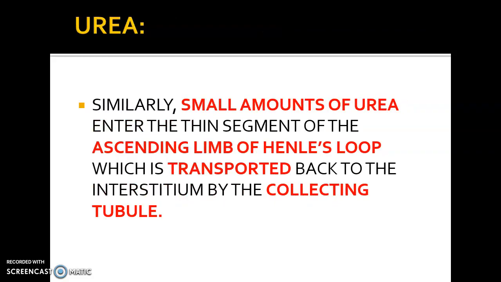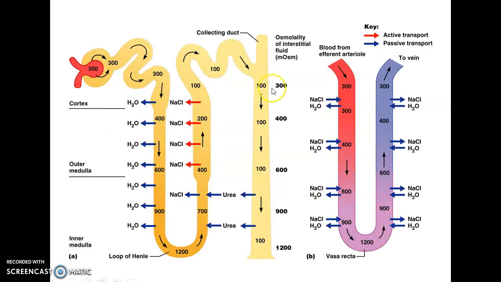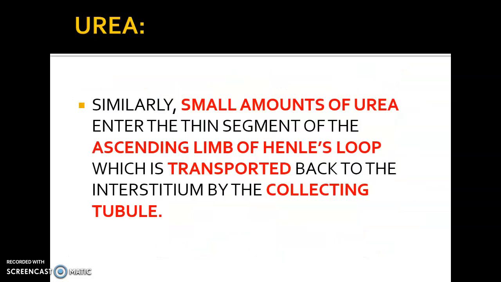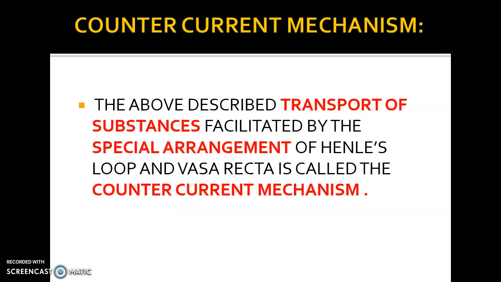Due to this, what happens? The filtrate that is present in the collecting duct as well as in the tubules will be taken back into our system. So finally, the urine that is formed is in a concentrated form.